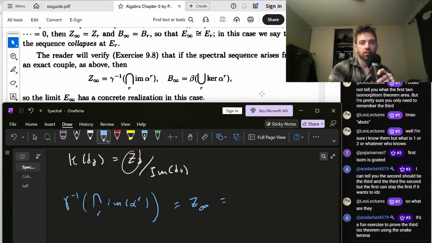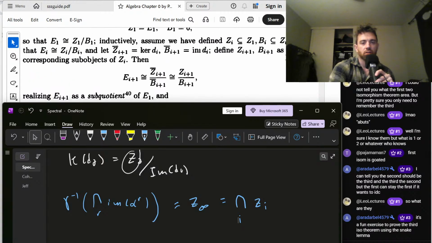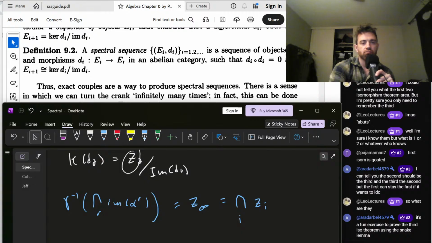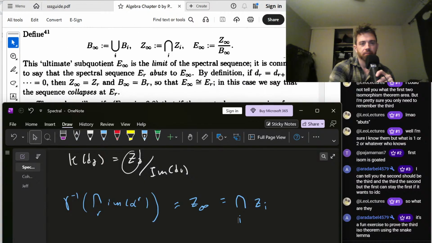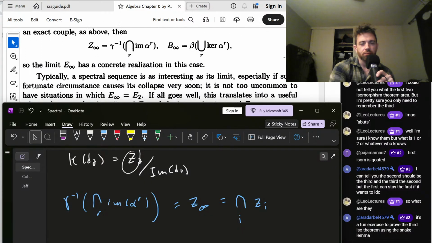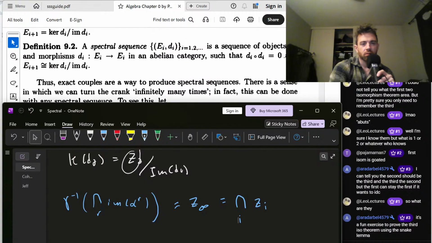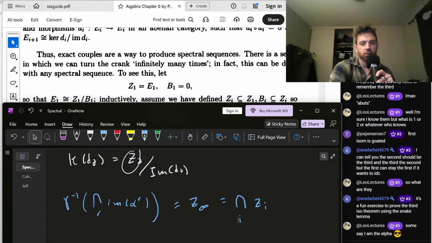Well, Z infinity is the intersection of all the Z_i's. What's the claim here? That this should be the case if it's a spectral sequence arising from the exact couple.